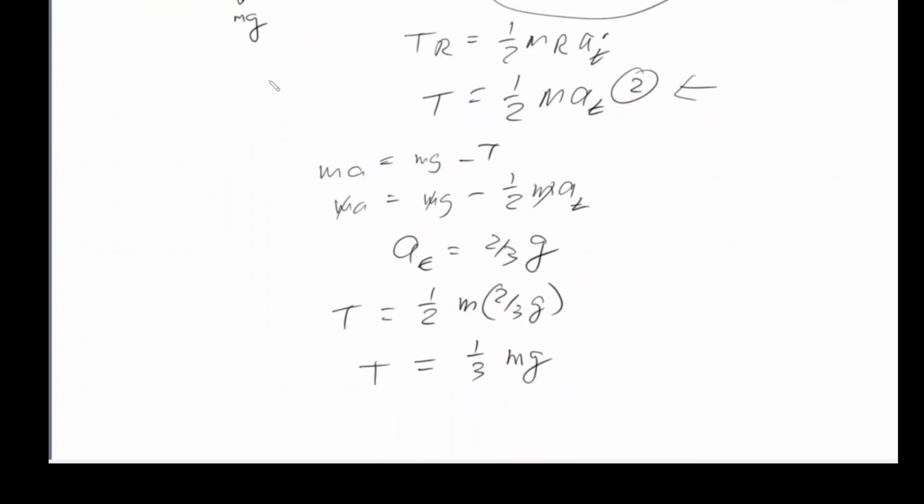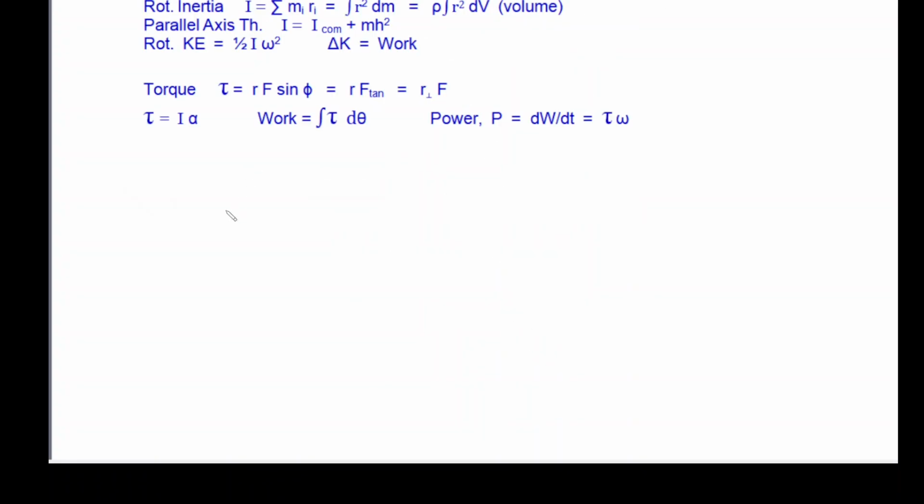Now we want to know what is the work done as angular velocity omega is reached. So we know that work is equal to a change in kinetic energy, which is equal to kinetic energy final minus kinetic energy initial. But in this case, we're starting from rest, so that's 0.